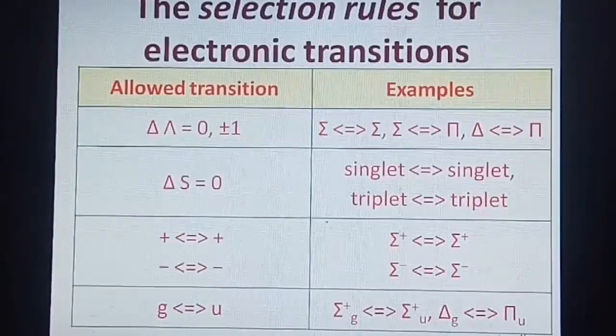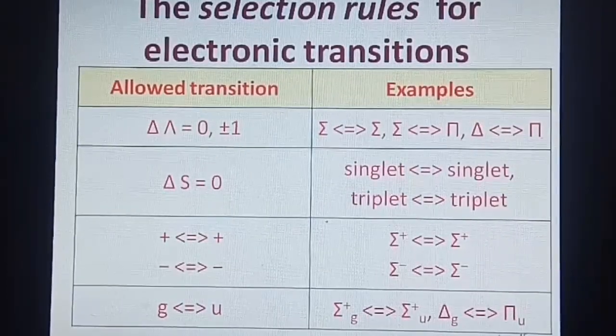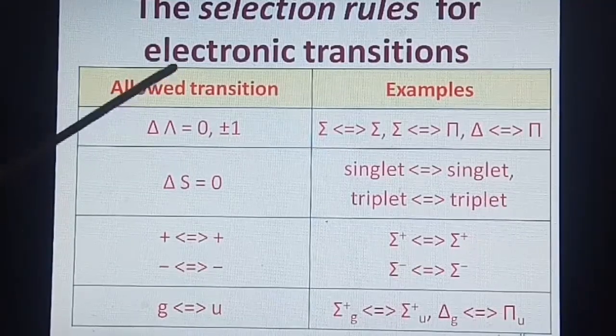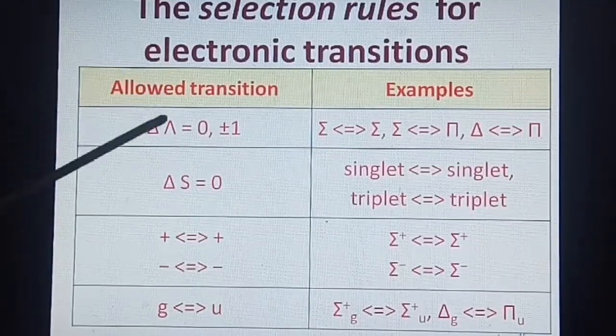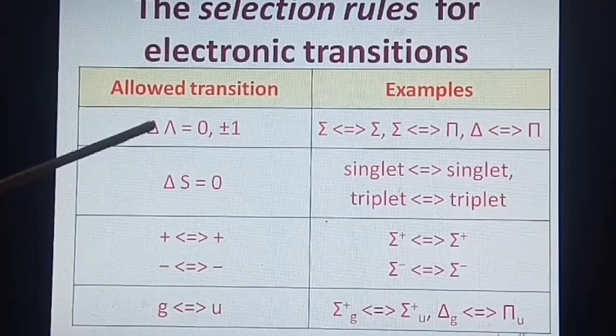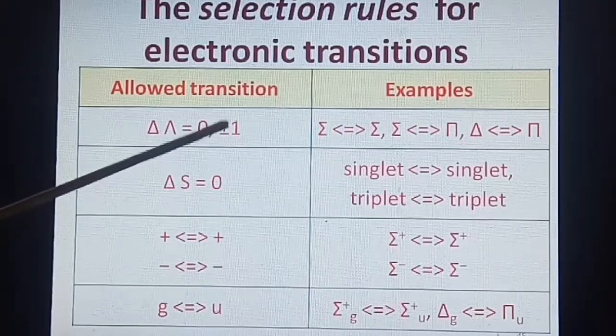This is the selection rule for electronic transitions. We have discussed the selection rules for atomic term symbols. Here these are the selection rules for molecular term symbols. Allowed transitions: delta lambda is equal to 0 or plus minus 1.